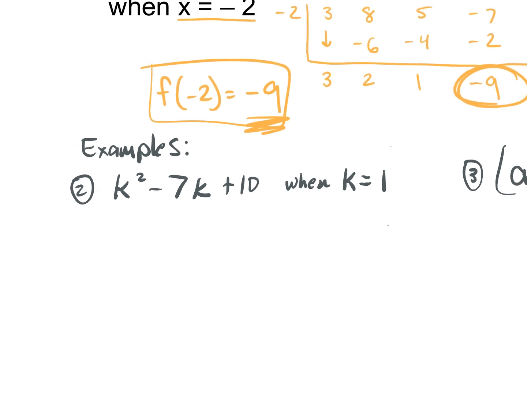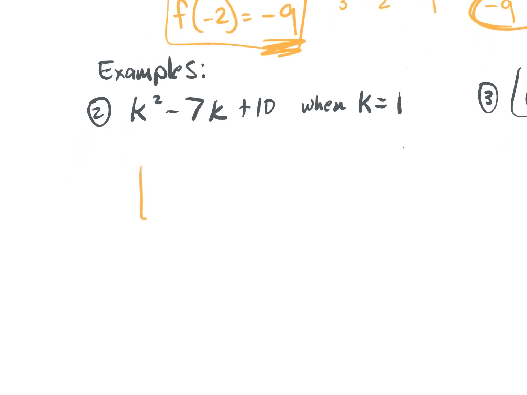Let's do example 2. What's going to go on the outside? 1, perfect. It already gave me k equals 1, so I don't want to change the sign here. What goes on the inside? 1, -7, and 10. Perfect. So we're going to drop down the first number, multiply on the outside. 1 times 1 would be 1.